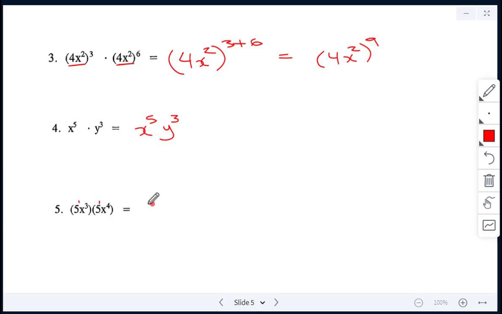So this becomes 5 to the power of 1 plus 1, which will become 5 squared. And then our x will become x to the power of 3 plus 4. So further simplifying, that becomes 5 squared and then x to the power of 7.